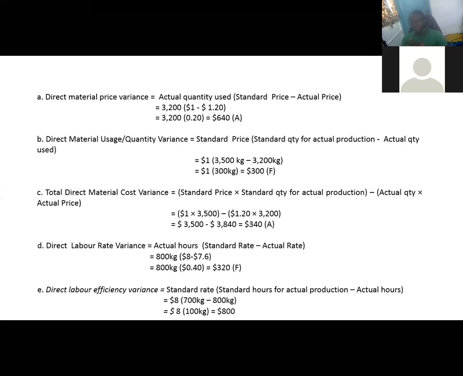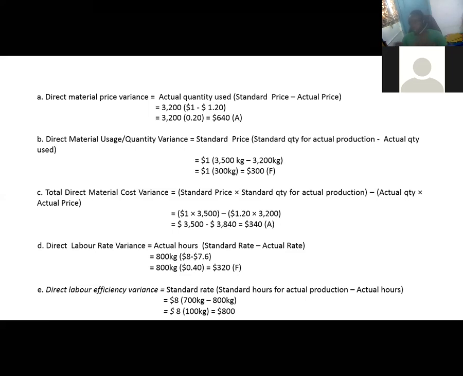So the formula is actual quantity used, all into bracket, standard price minus actual price. So actual quantity used will be outside, then our standard price and our actual price will be in the bracket.